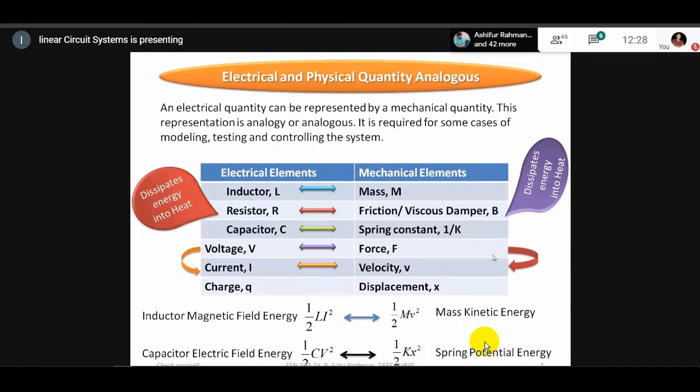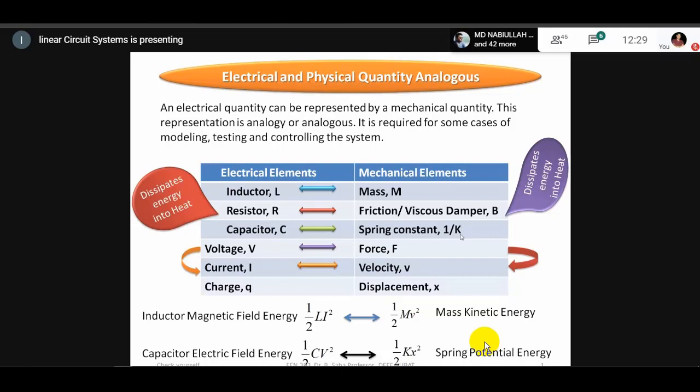Here, what is K? It is 1 by k, kx square, or 1 by k. 1 by k, the spring constant, is equivalent to C. C, capacitance, is equivalent to 1 by k.